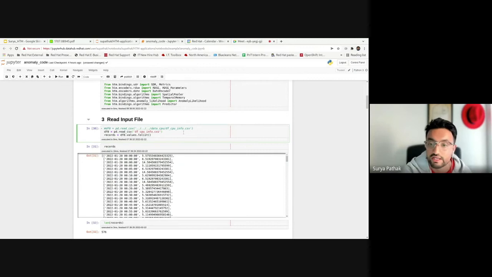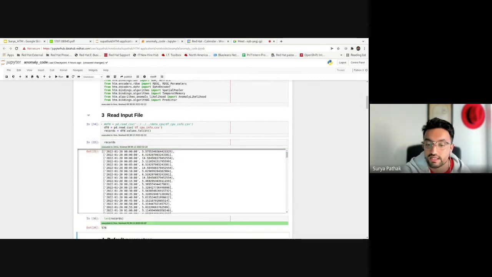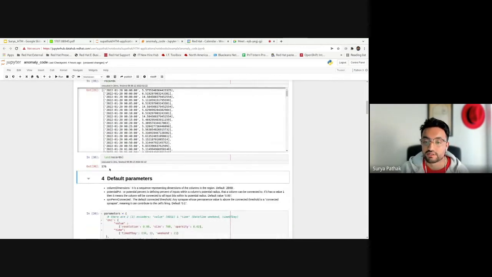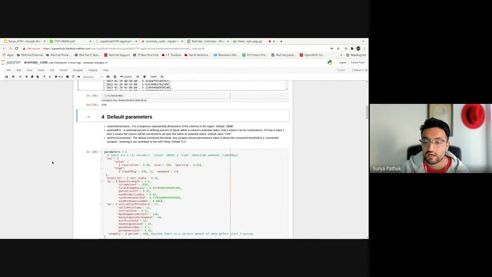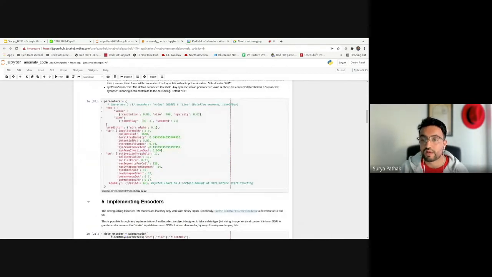The first set of data is the CPU usage data, which has 576 entries. The default parameter values are a sparsity of 2%, time, weekend, and permanence of 0.1. All these are the default parameter values given by the Numenta website, so I'm just using those values.